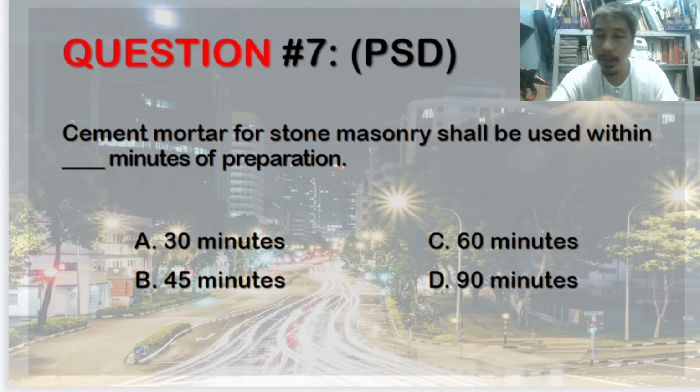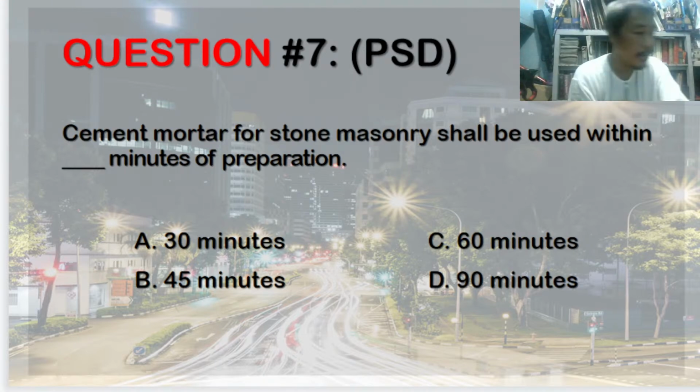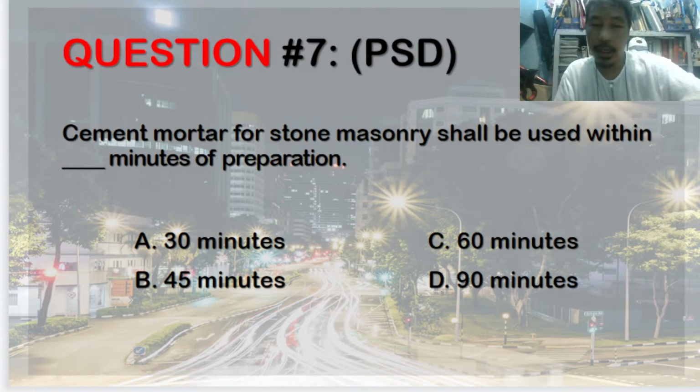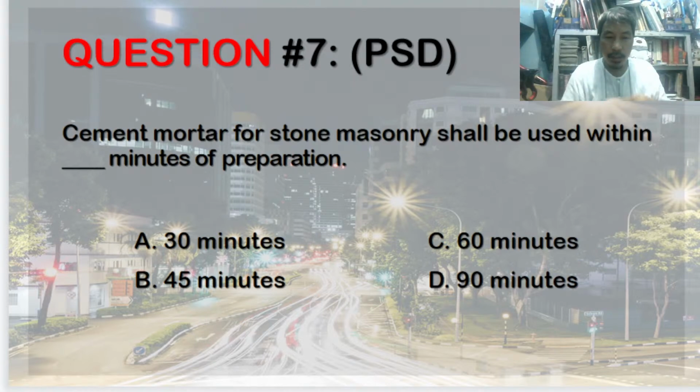D, 90 minutes. Okay. The answer actually is 90 minutes. It is already in my head. That's why. So let me have 30 seconds for water. I would like to drink water. So letter C, 60 minutes, letter D, 90 minutes. The answer is letter D.